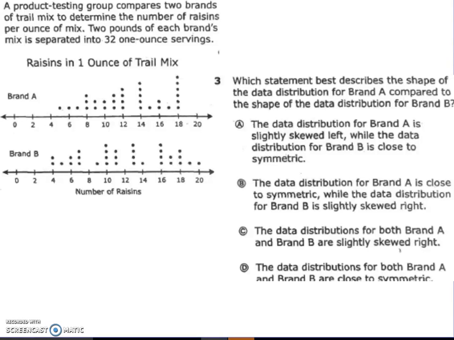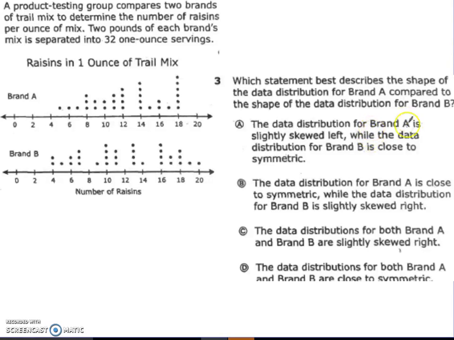Okay, it says a product testing group compares 2 brands of trail mix to determine the number of raisins per ounce of mix. 2 pounds of each brand's mix is separated into 32 1-ounce servings. Which statement best describes the shape of the data distribution for brand A compared to the shape of data distribution for brand B?